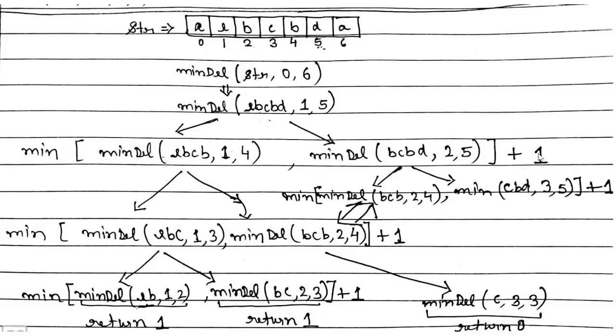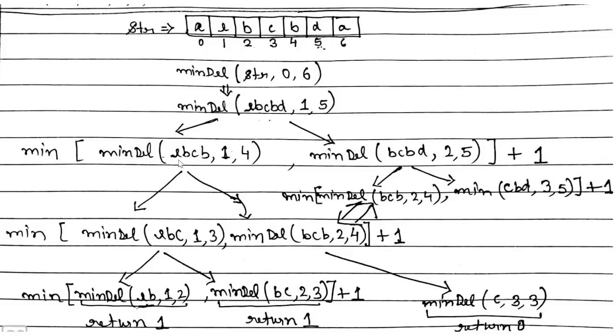This one signifies that I have already deleted a D, in this case leaving EBCB. If I would have deleted D, only then can I get EBCB. And instead of D, if I delete E, then I would be getting BCBD. So in either case, whether I delete D or E, I need to add 1 because I have already performed a deletion before sending these recursive calls.